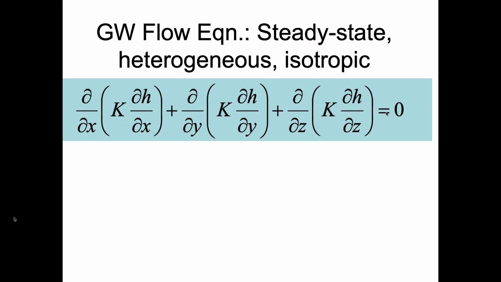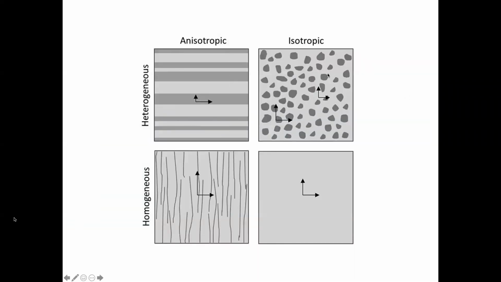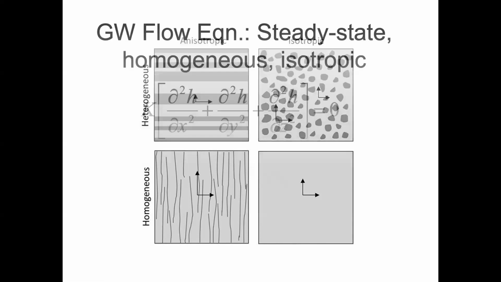The case here is heterogeneous but isotropic. Everything's the same, but you can see that this isn't the same material everywhere. There's a variability that's taking place, but it's not necessarily influencing differences in our hydraulic conductivity in the X or Y direction.